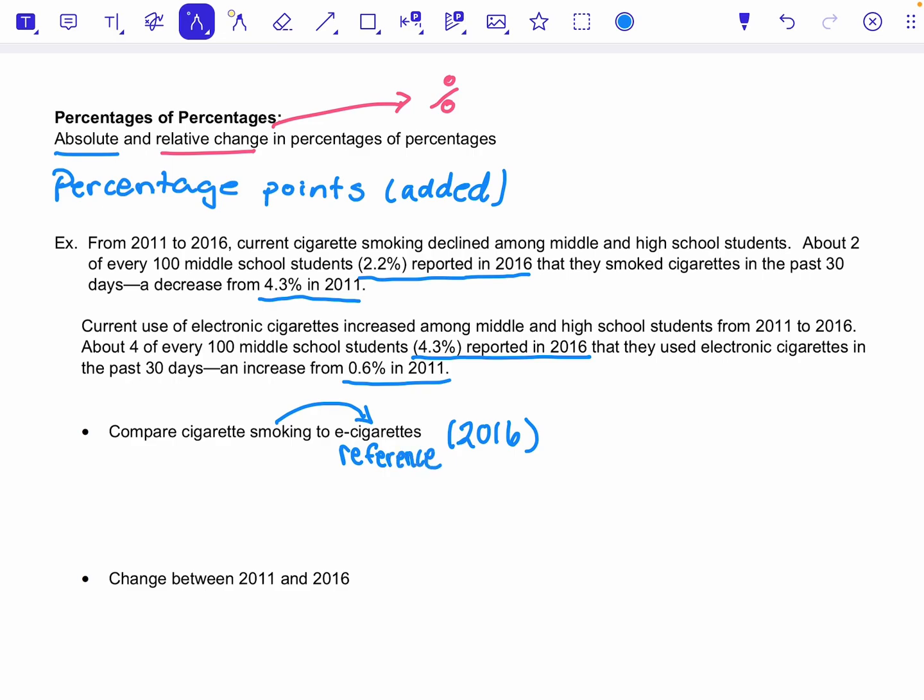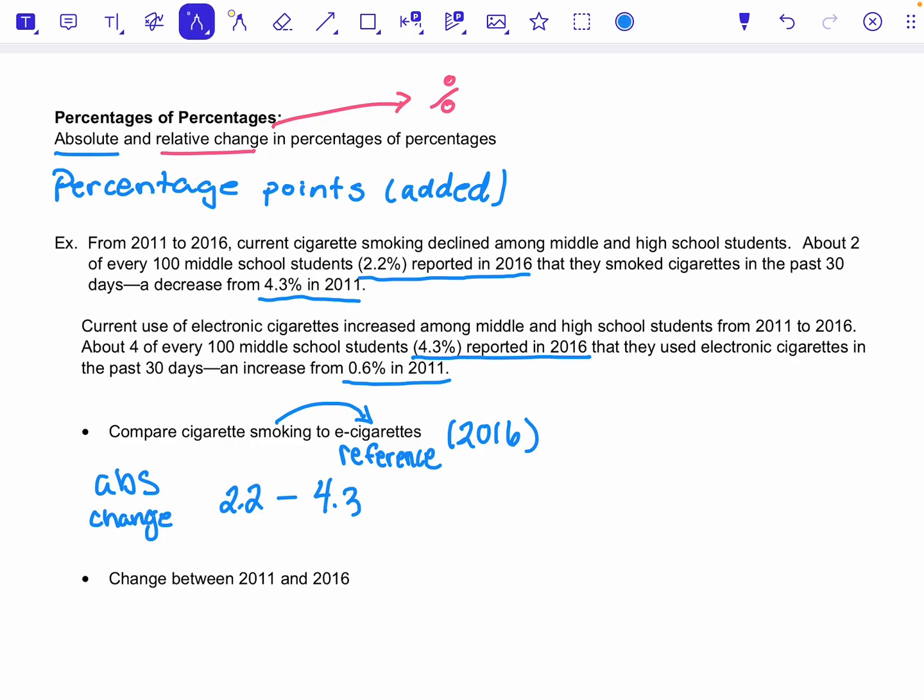So if I want to find the absolute change, that's going to be my cigarette smoking number, 2.2% minus my e-cigarette reference percent. All over, no, I'm doing absolute, not relative. There is no all over.